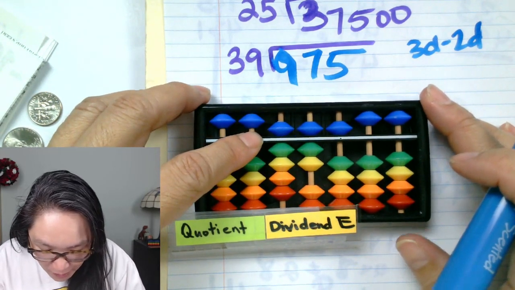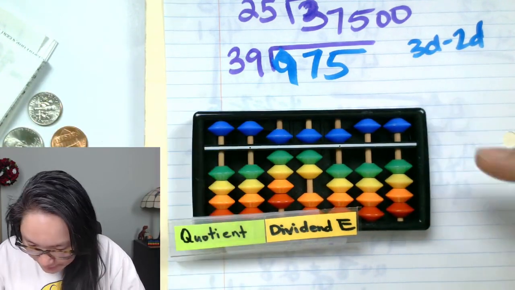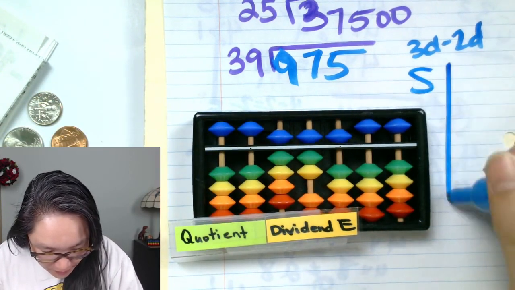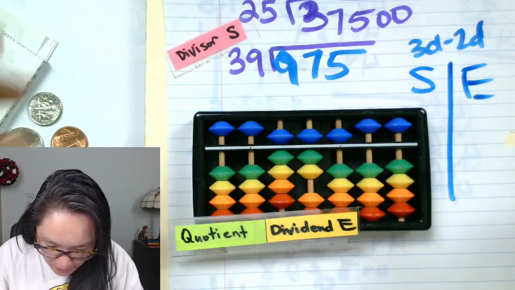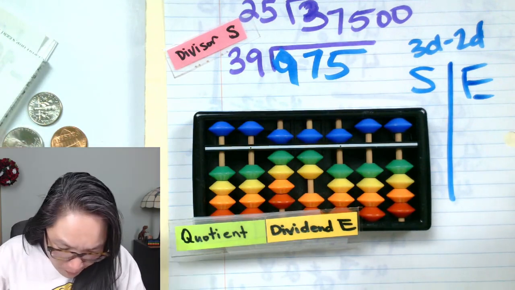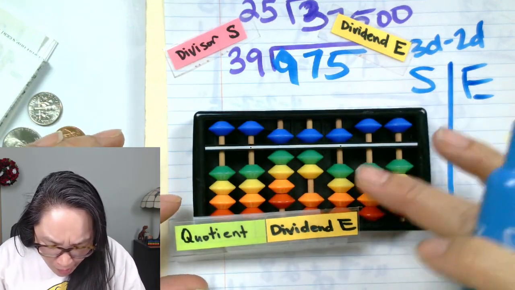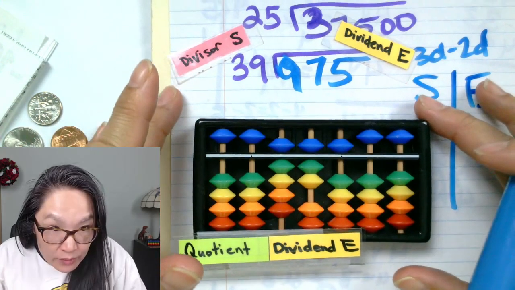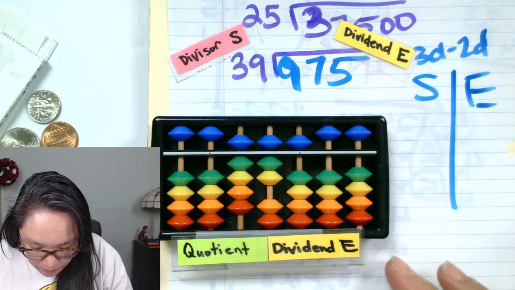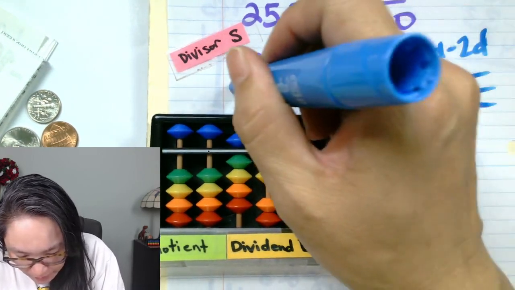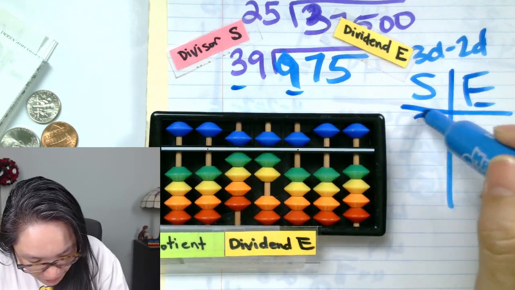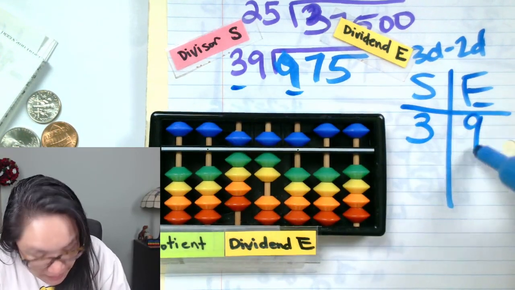So the first thing we're going to do is understand which is our divisor and which is our dividend. So what are we going to do? We're going to compare this one and that one. Our divisor is 3, our dividend is 9.